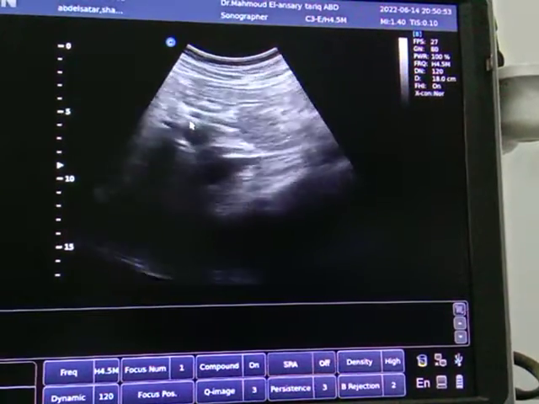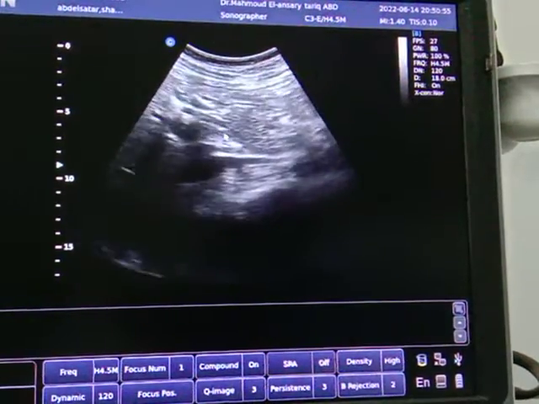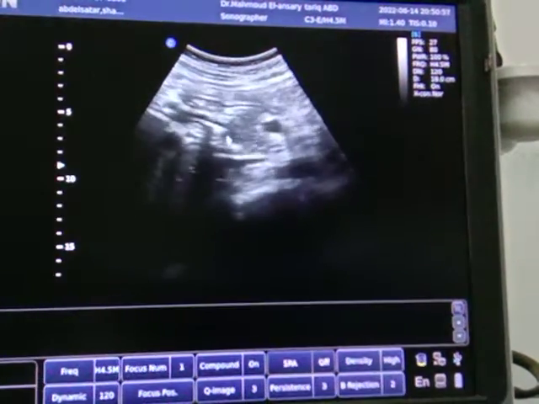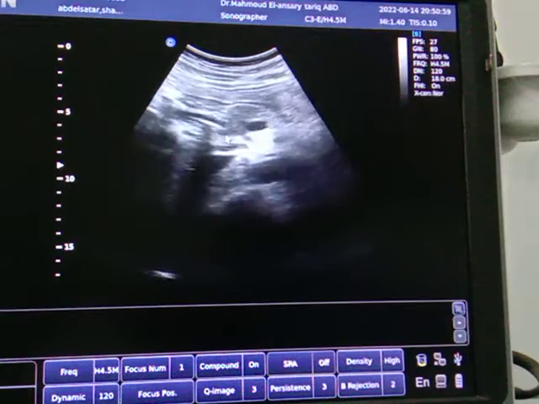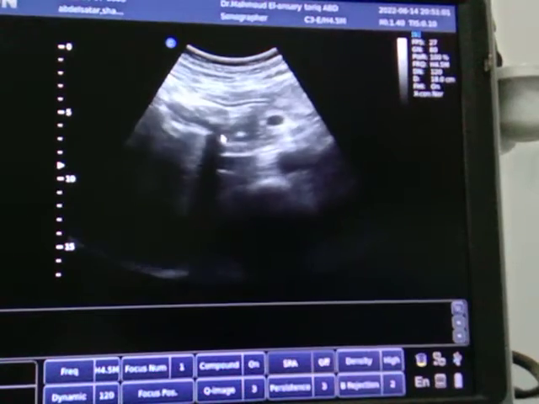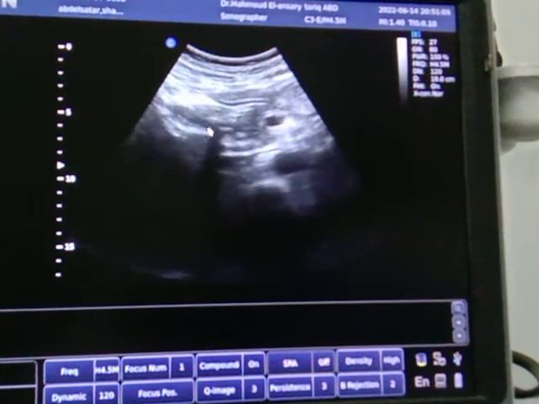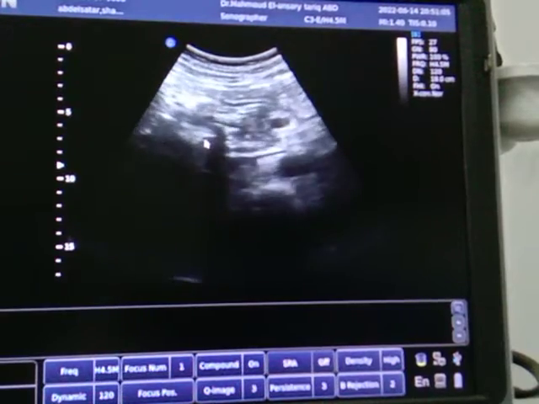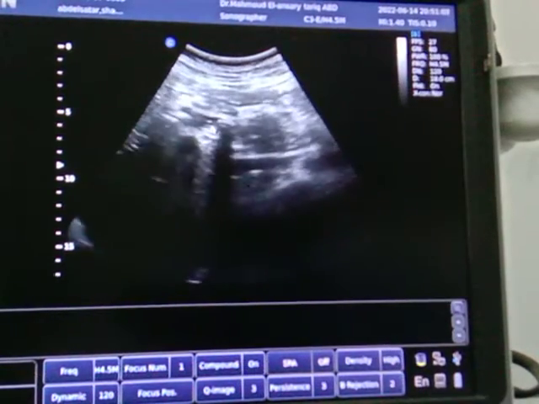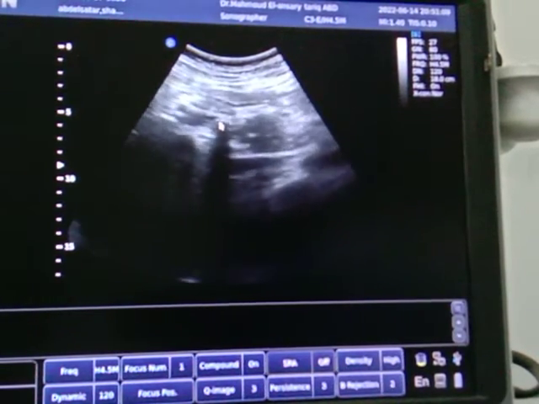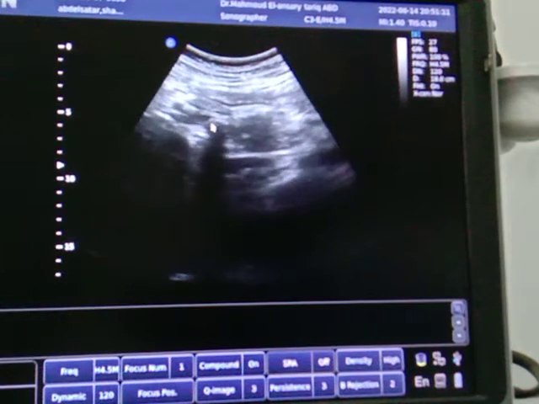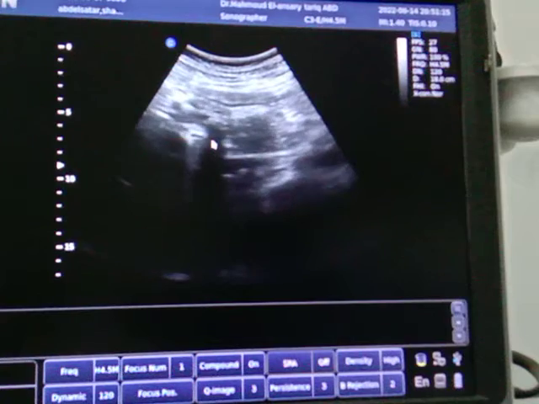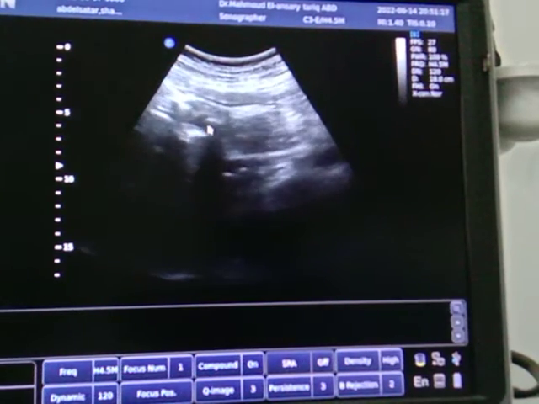By getting the head region, we can demonstrate the stent by doing some clockwise rotation. We can get the stent here in the common bile duct, which is collapsed and drained beautifully by the stent. As you see here, there is some posterior shadow, so there is most probably a stone. A large stone is seen impacted in the proximal part of the common bile duct or at the level of the common hepatic duct, as you see here.